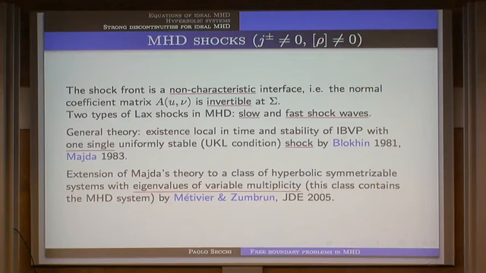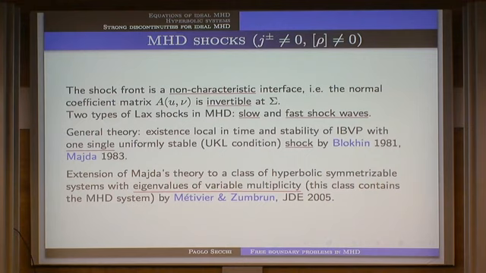The multiplicity depends on the state, it changes with the state. Usually eigenvalues have constant multiplicity, but in the case of MHD they change with the state, with the direction of the frequency vectors.